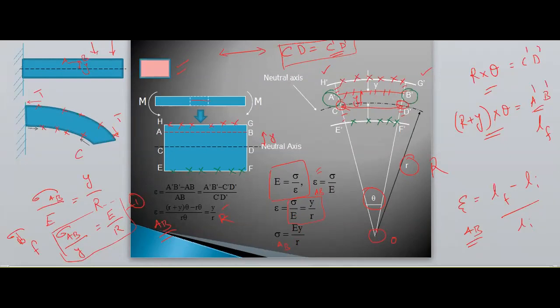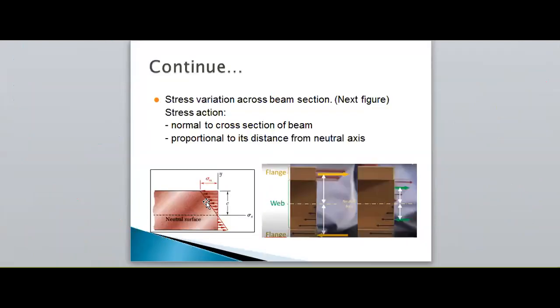So another formula is there, the resisting force. Here the diagram shows that the stresses will be varying when the distance is varying, because sigma B is equal to E by R into Y. So stress is directly proportional to Y. Here E will not vary.